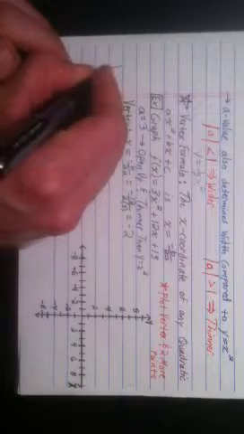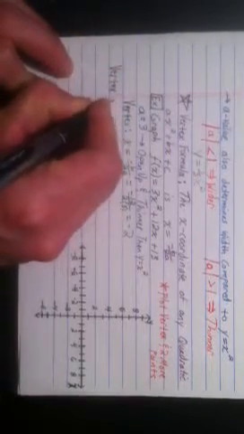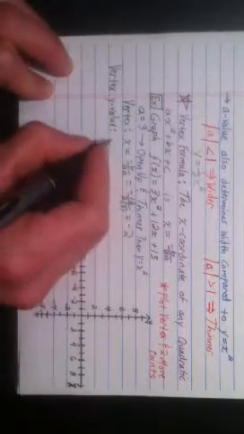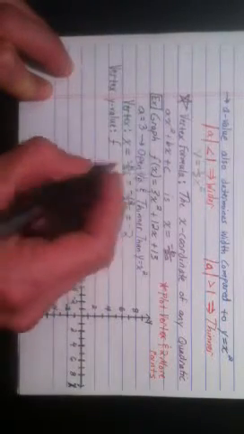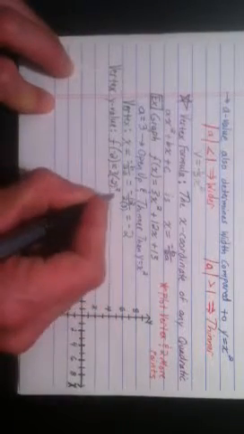So for the vertex y value, we evaluate the f function at negative 2, since we know the x value is negative 2. So plugging in negative 2, we have 3 times negative 2 squared plus 12 times negative 2 plus 13.